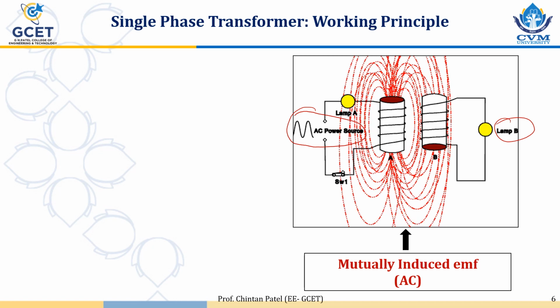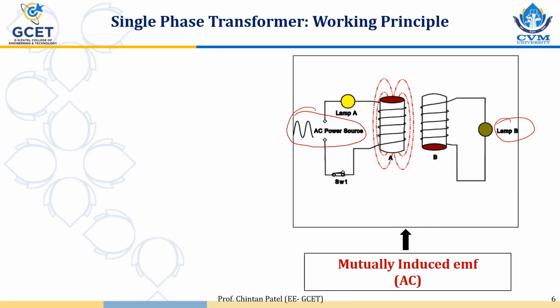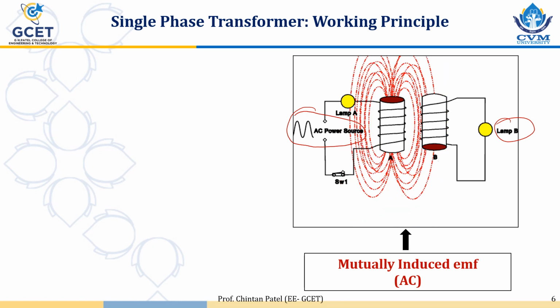So when alternating current flows through the primary winding, it will produce continuously changing magnetic flux, because at each instant the magnitude of current is changing with respect to time. As a result, flux is also alternating in nature.